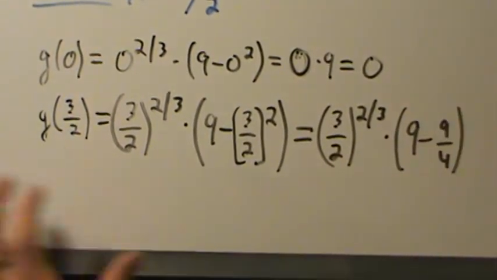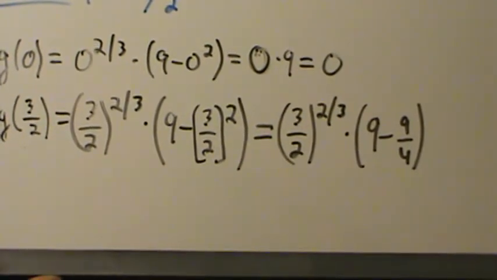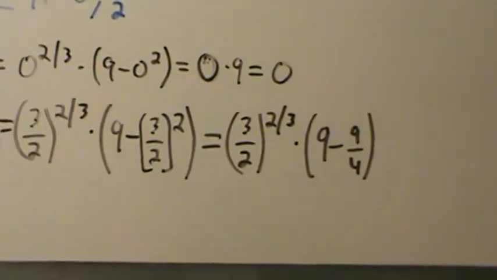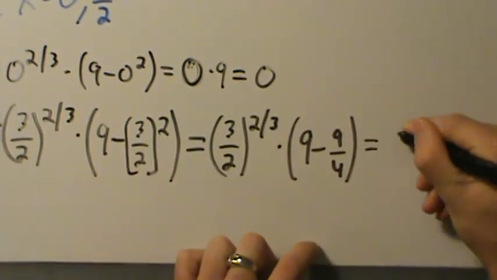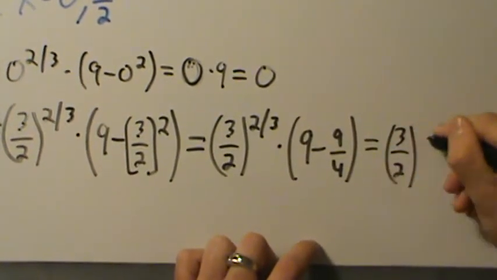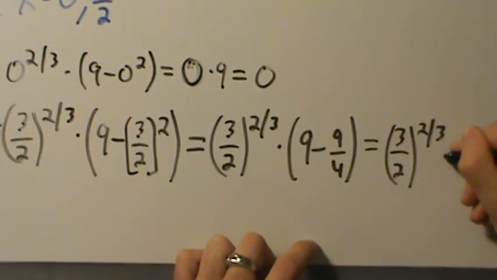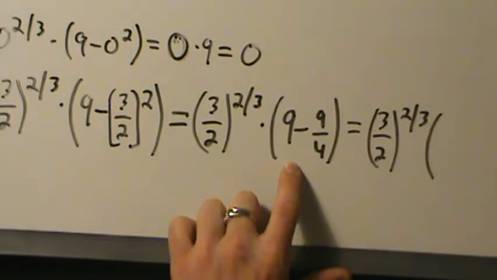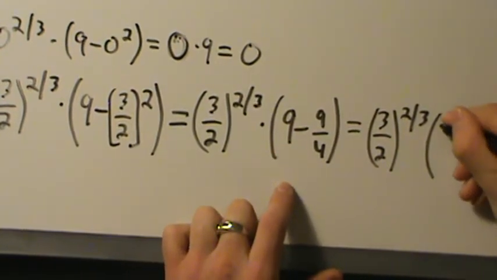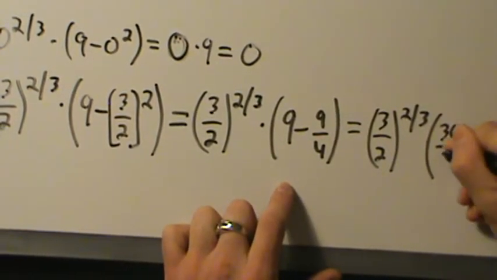Alright. So now what we could do is simplify this a little bit. So 9 minus 9 over 4, we can multiply 9 by 4 over 4. So this is 3 halves to the 2/3 times the quantity 9 times 4 over 4, which is 36 over 4, minus 9 over 4.